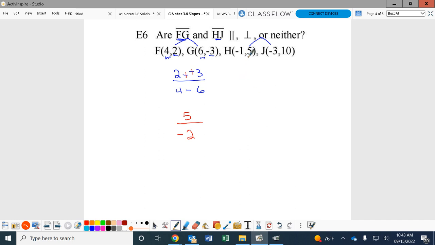My x's go together. It's going to be 5 minus 10. And on the bottom, the y's go together, and that's going to be -1 minus -3. Y'all see the double negative? Get rid of it.